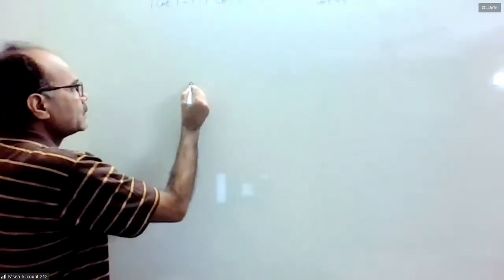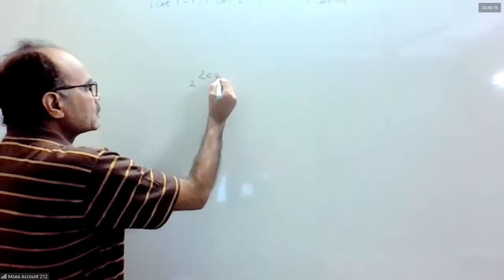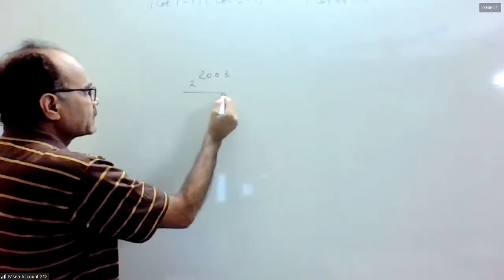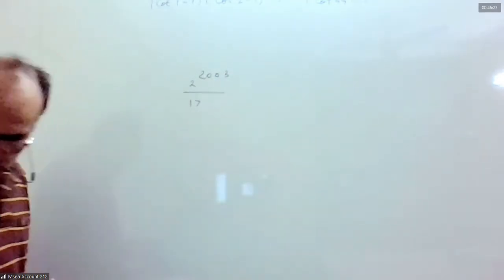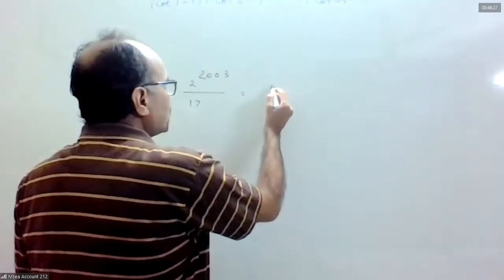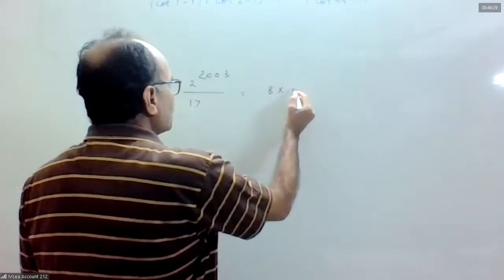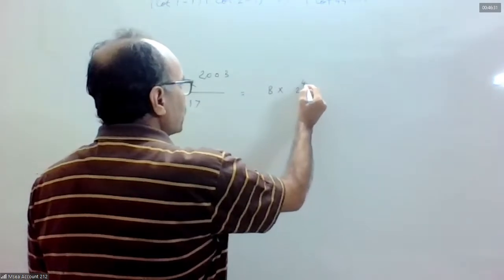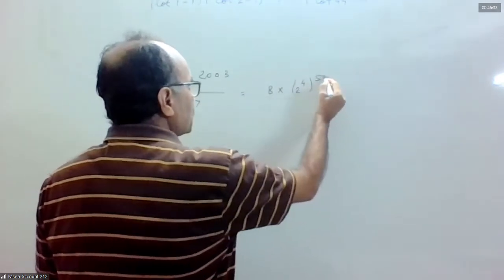Two to the power divided by such a fractional part. 2003 by 17. Yes, sir. Cube. 8 into 2 to the power 4, power into 4. 500. Yes, sir.